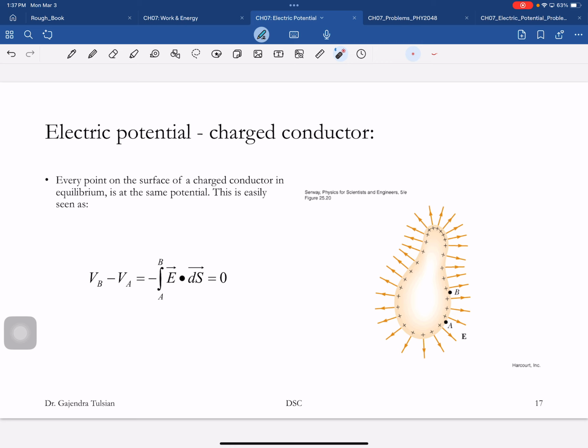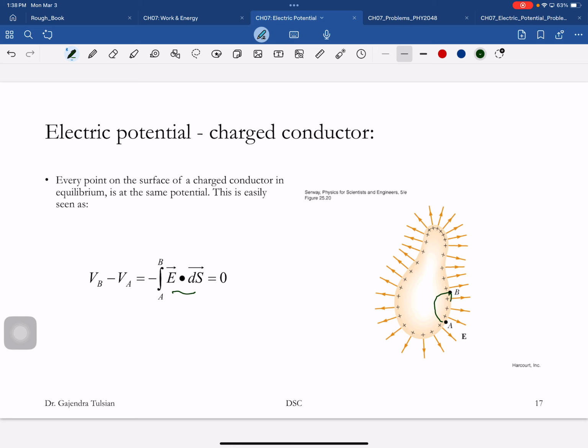And in a conductor, they've arranged themselves such that the electric field near the surface is perpendicular to the surface. So let's find the potential difference between these 2 points. The potential difference is the negative of this line integral, E dot ds. Let's say we go along this path, the electric field everywhere is 0, so this works out to be 0.